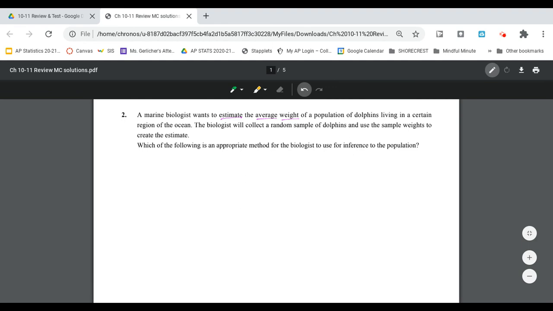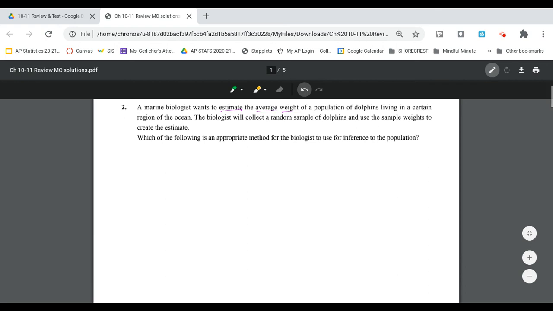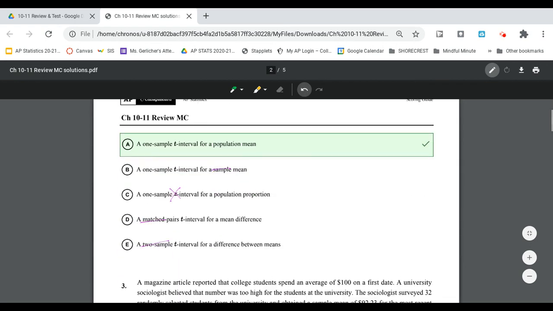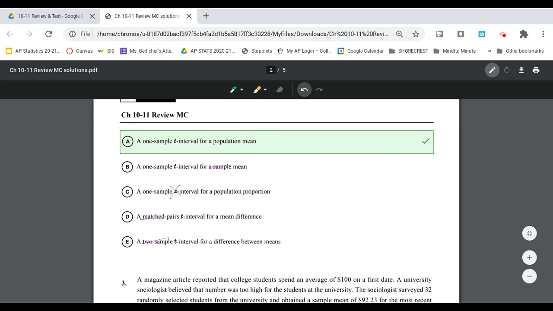So for 2, a biologist wants to estimate the average weight of dolphins. So this is going to be an interval because we're estimating a number. We only have one population. Let's see our options here. So we know it's going to be a one sample situation. There's no pairs to be had, and there's not a second sample.